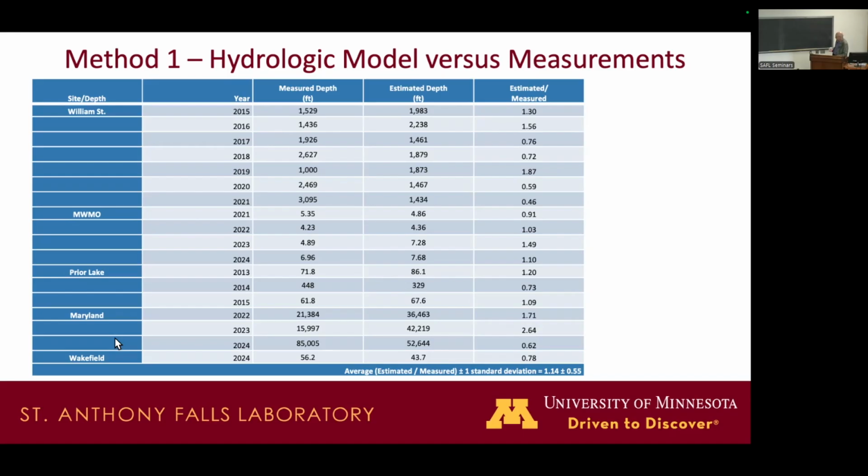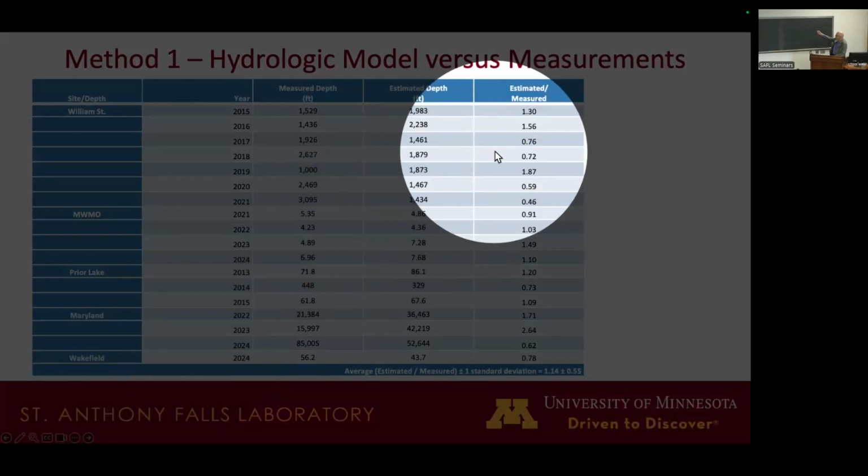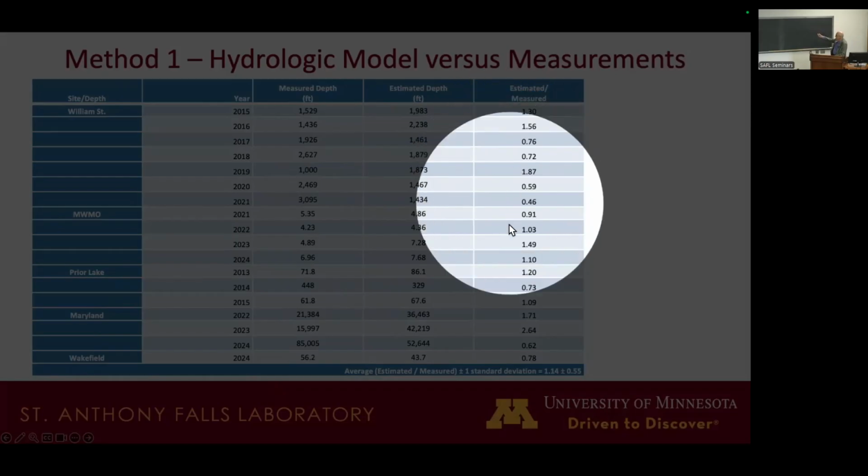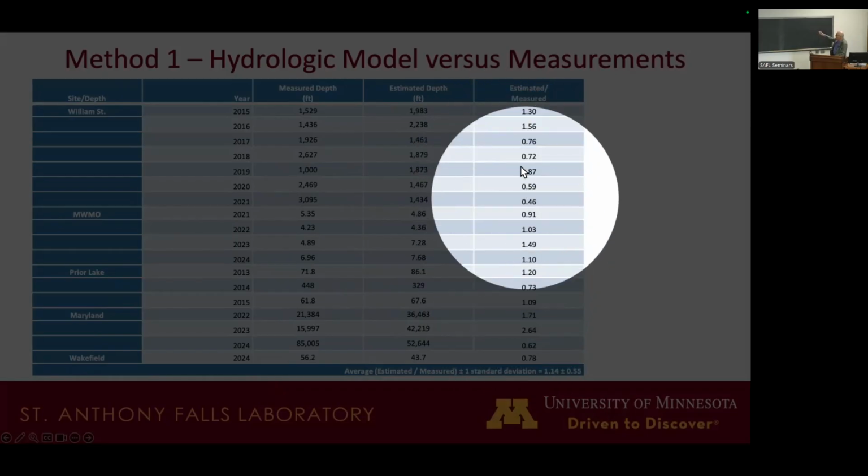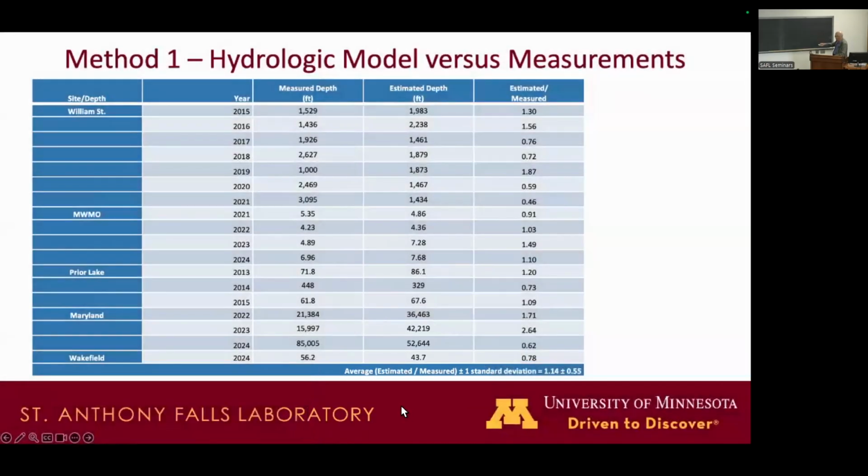There is quite a bit of variation in this estimated over measured. You can see that it varies quite a bit, but if you come down here, you end up with an average estimate over measured of 1.14.